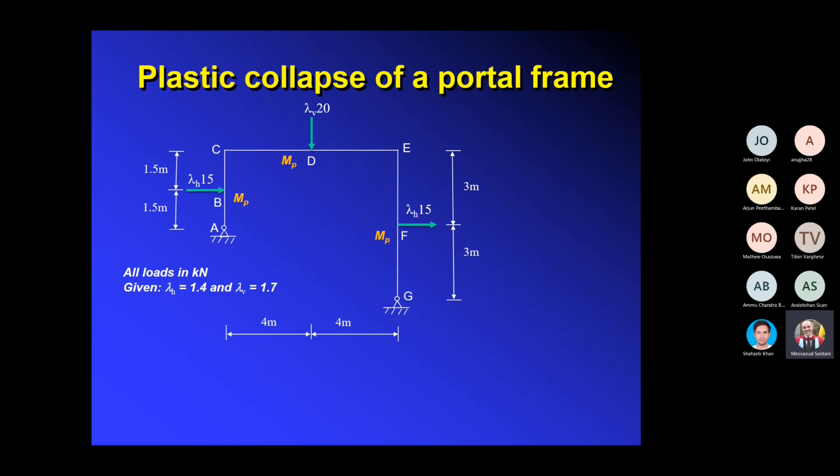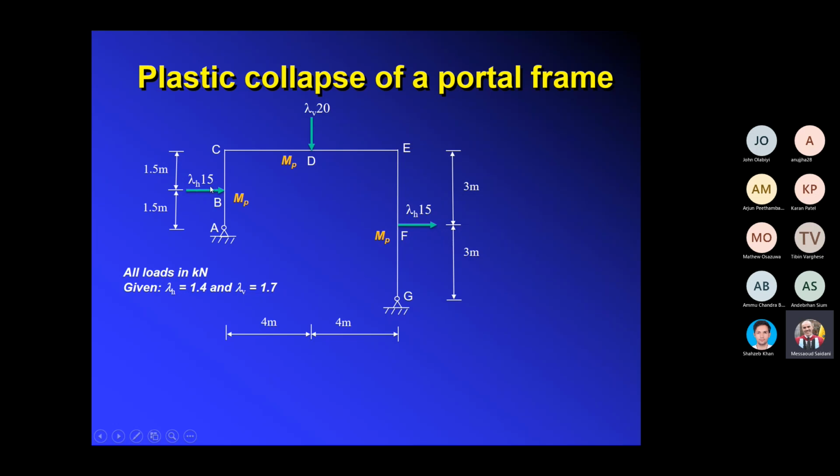This is the frame. We have an asymmetrical rectangular frame, where we have a vertical load applied here at D, lambda V times 20. Lambda V is the load factor for the vertical load. And then we have a horizontal load, lambda H times 15.